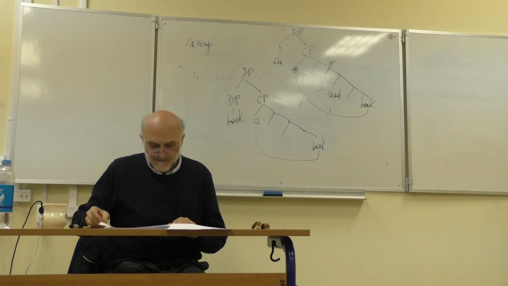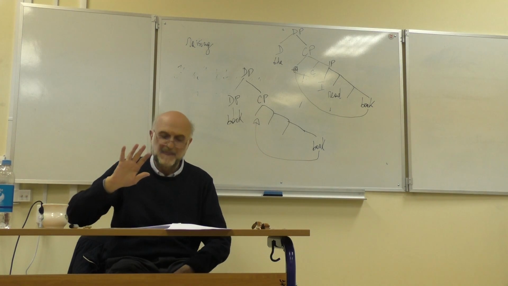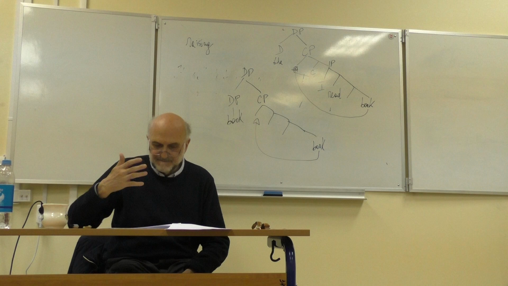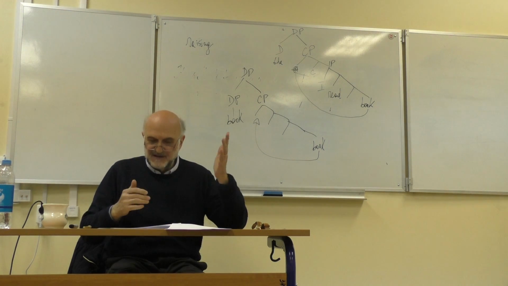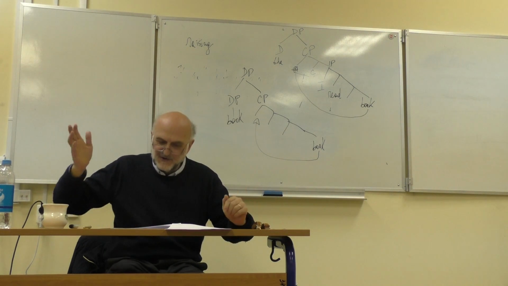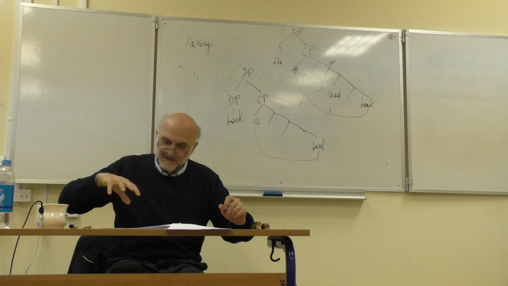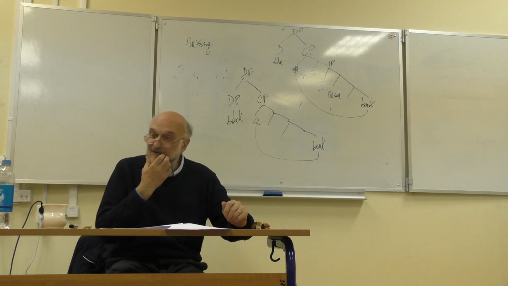Now these are the four cases that are the prototypical cases that you expect: the externally headed postnominal, externally headed prenominal, the head internal type, and the double-headed. What about the other three?